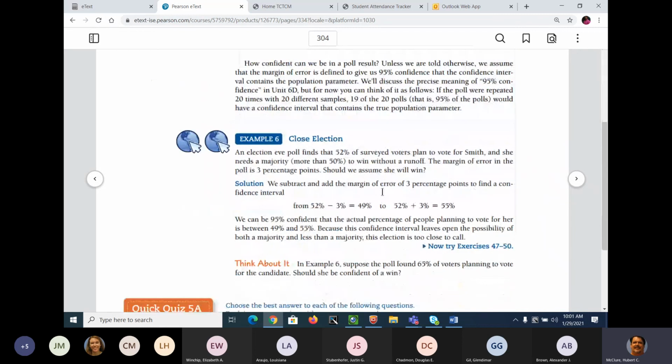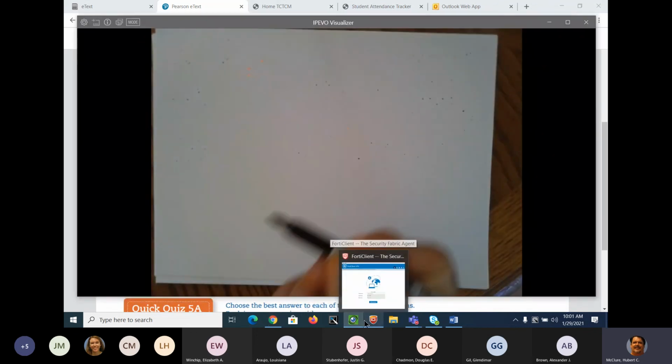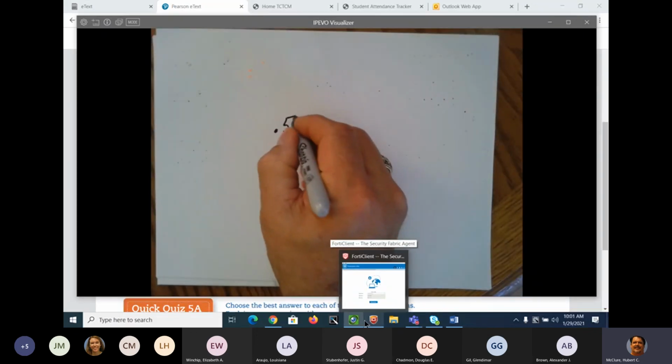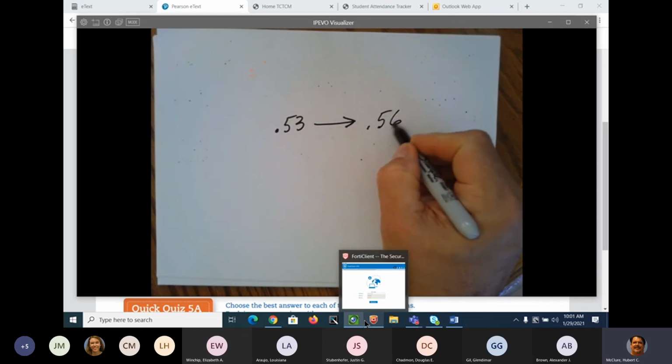Here's one right here. An election is at 52%. So that's 0.52. I'm going to show you this and then I'm going to shut up. What kind of margin of error? 3%. To the right, 3% would be 0.55.